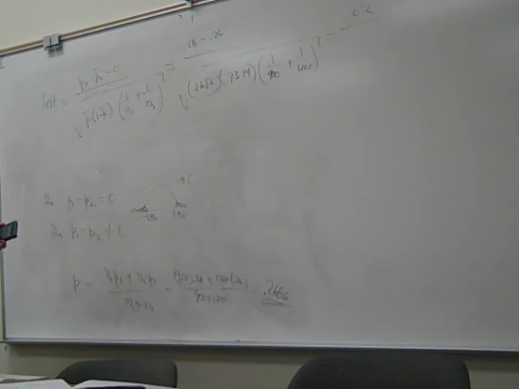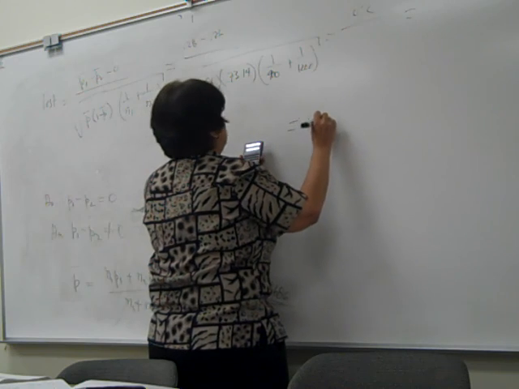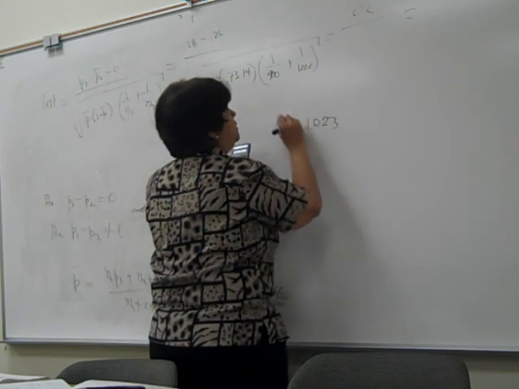Something is wrong. Oh, I didn't square root that. Okay: 1 divided by 900 plus 1 divided by 1200, times 0.7314 times 0.2686, square root. That is equal to 1.023.